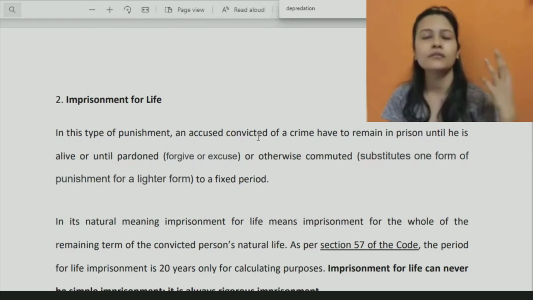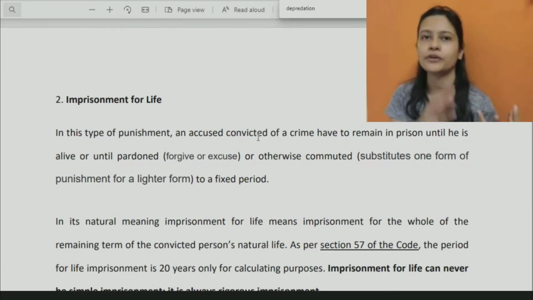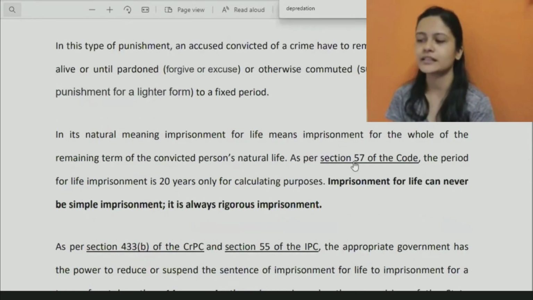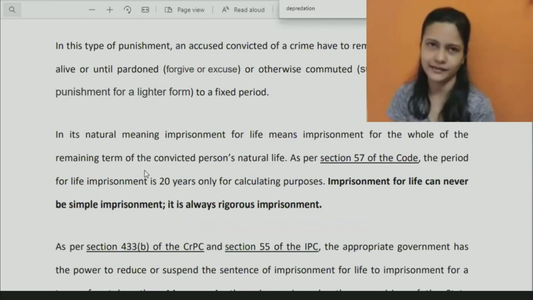Then fine, you keep the person for some years, after that maybe the person is able to reform himself into a better human being, so let him contribute to the society rather than keeping him in prison, right? So that is what it is. Imprisonment for life actually means the rest of the life, but there is this provision of reducing it or excusing it.